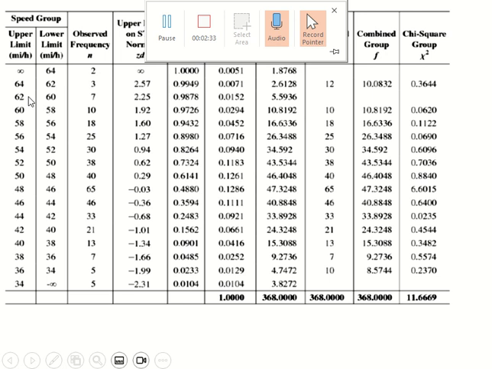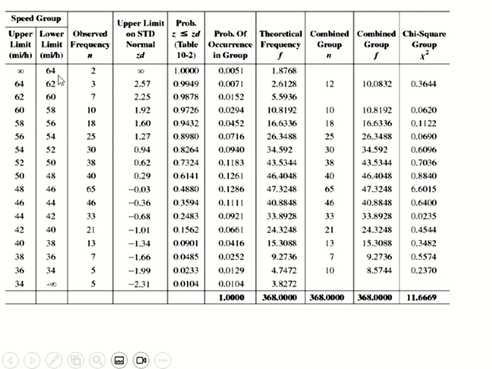What is the first thing? First of all, the speed groups are arranged from highest to lowest. So highest speed group on the top, lowest speed group on the bottom. Now the highest speed group had an upper limit. I replaced that upper limit with infinity. So it was actually 64 to 66, so I replace 66 with infinity. Whatever it is, I will remove it and write infinity here.